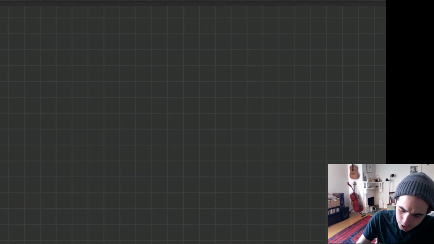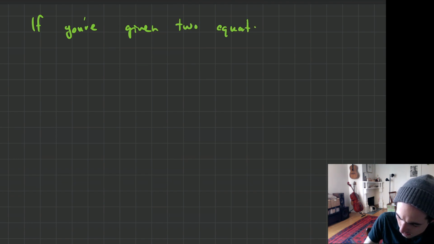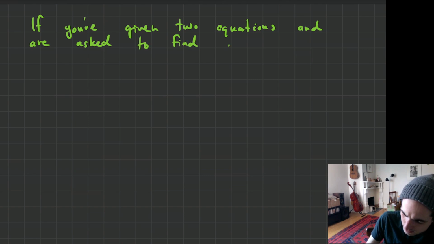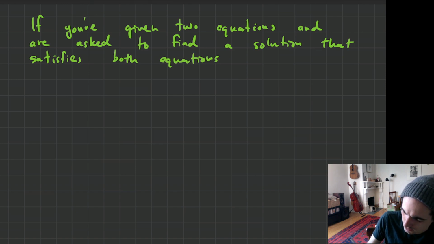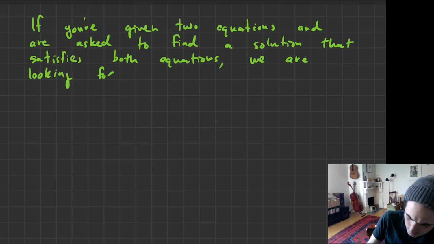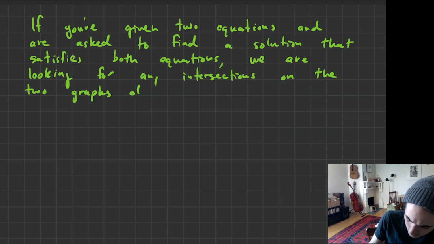If you're given two equations and you're asked to find a solution that satisfies both equations, we are looking for any intersections on the two graphs of the equations, right?